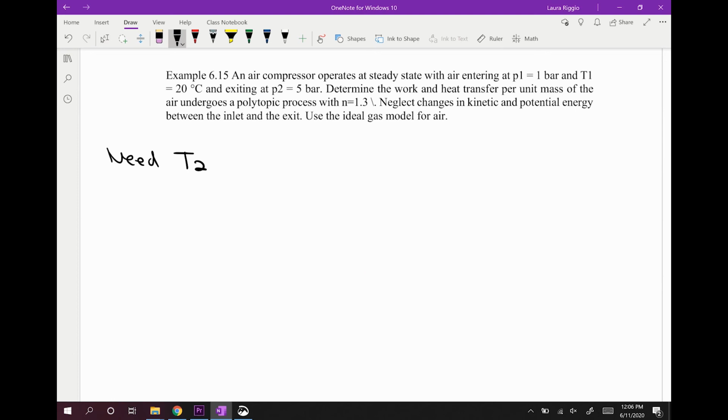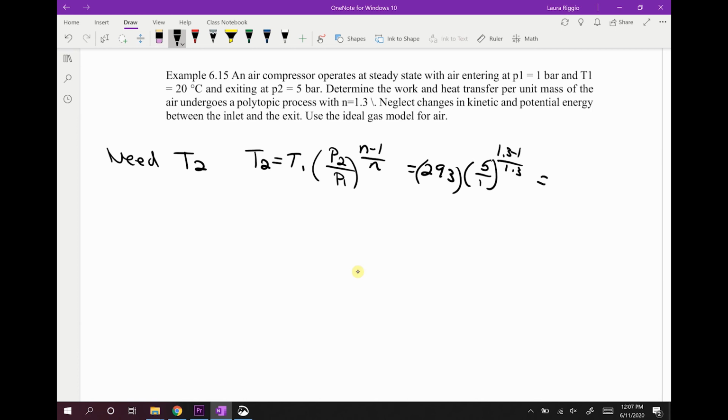We're going to get T2 because it's a polytropic process. We have T2 equals T1 times P2 over P1 to the 1.3 minus 1 over 1.3, which is 293 times 5 over 1 to that power, which tells us that T2 is 425 Kelvin.